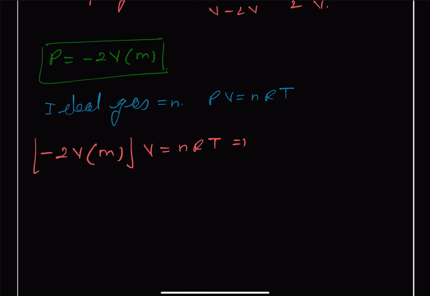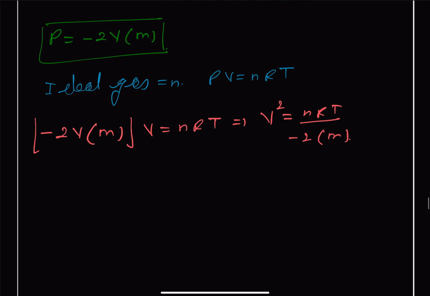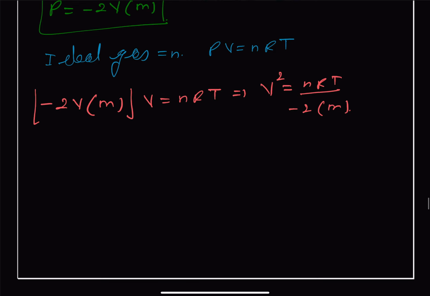So from here we get that V square is equal to nRT divided by minus 2M, where M is our slope. Everything here is constant, so V square is a constant term multiplied by temperature T, and this is nothing but the equation of a parabola.